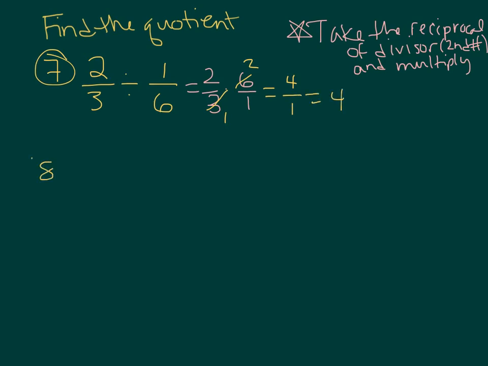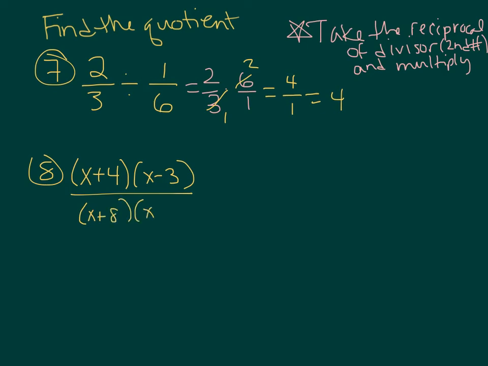We're now going to go on to a few that are a little harder. So let's say, actually I'll give you one that's a little bit more basic, and then we'll do some that are a little harder. So the first thing that you always do on these, same as the previous stuff, is you're always going to factor first. Okay, so here's my first example. All you really need to do is take the reciprocal of the second thing.